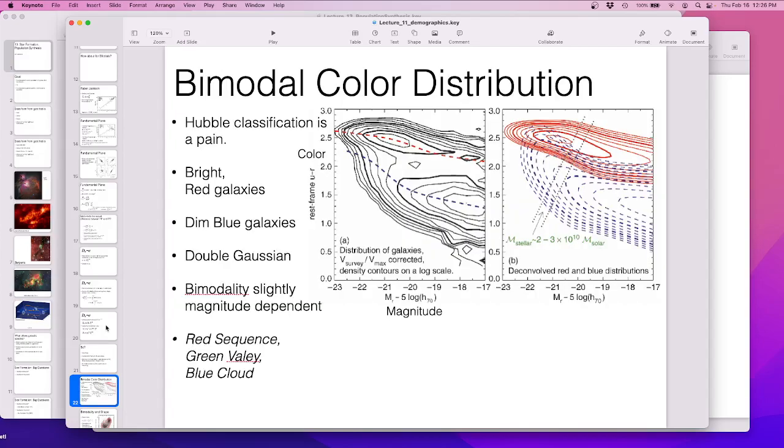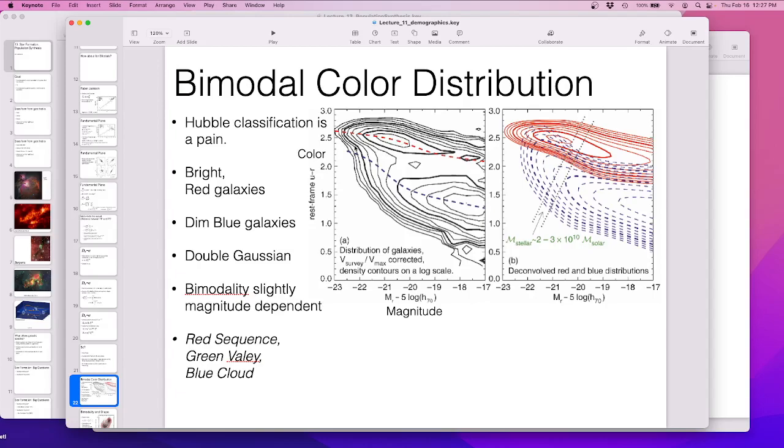Okay, a couple other demographics issues. We talked about this bimodal color distribution, and I'm going to bring it up and drive by it again. So that tells us how mass and velocity are related. This tells us how light and color are related. So we drop all of our galaxies on here, and we find that if we sort them by brightness on the horizontal and color on the vertical, that means redder is at the top and bluer is at the bottom.